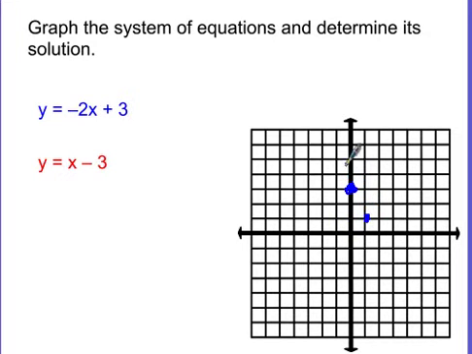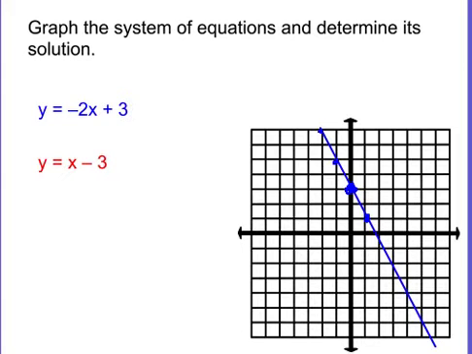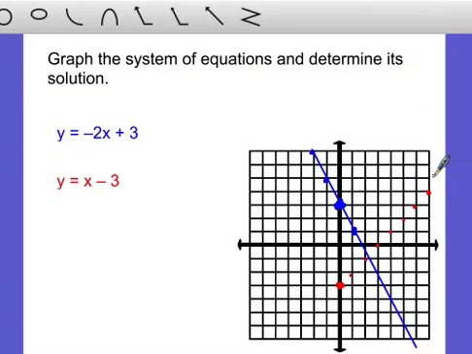Or we could go up 2, left 1. Okay, so if we graph that line, right there, and then we can graph the red one, y equals x minus 3. So we start at negative 3, the slope is up 1 over 1, okay, so we can go there.